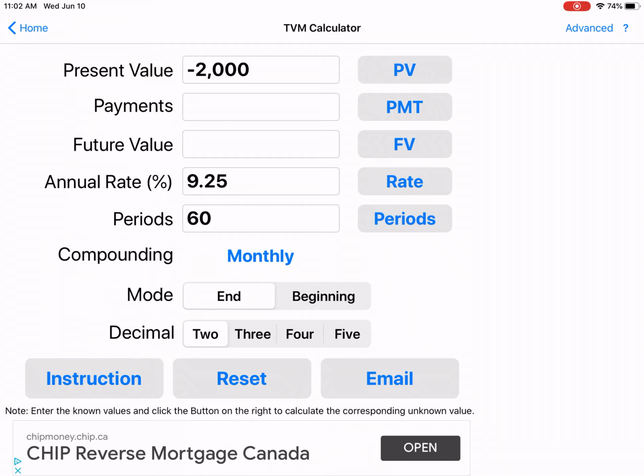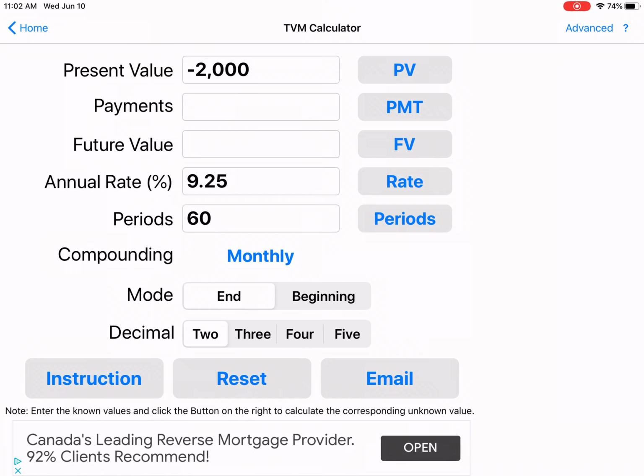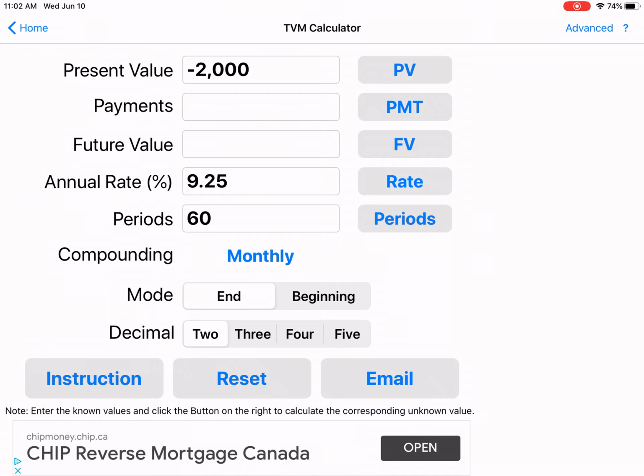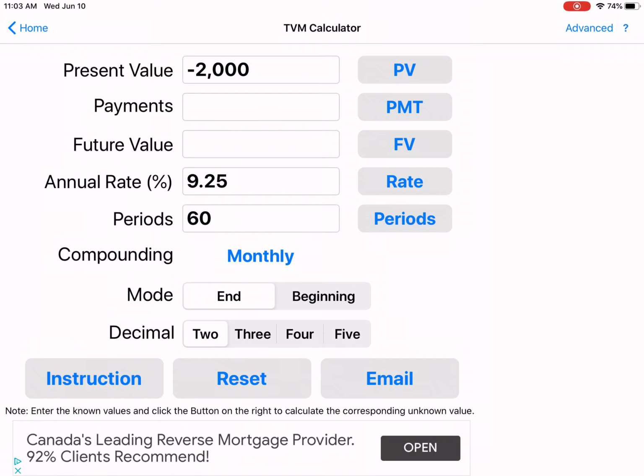Now, what I want to find is the future value. That's what we've been calling A. We want to know what it's worth at that time. They call it future value. You'll notice to the right of all these boxes, it says PV, PMT, FV, rate, periods. Those are all buttons, and I can use those buttons to calculate things.